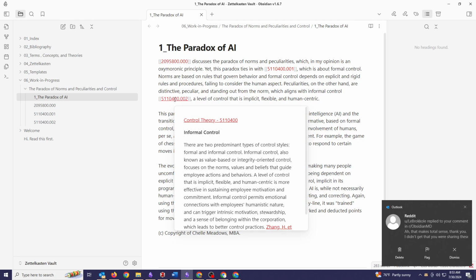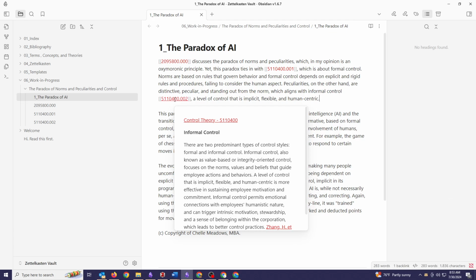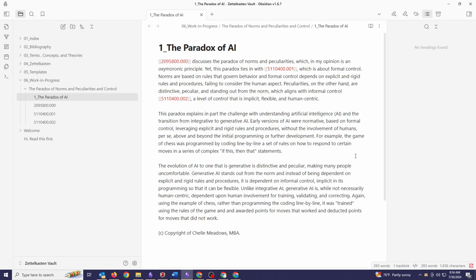Informal control is more about the intangible aspects of control, having values and beliefs and a culture that guide our actions and our behaviors. It's implicit, it's flexible, it's human-centric. Okay, but what got me so excited about this is that norms are tied to formal control, peculiarities are tied to informal control, in my mind.